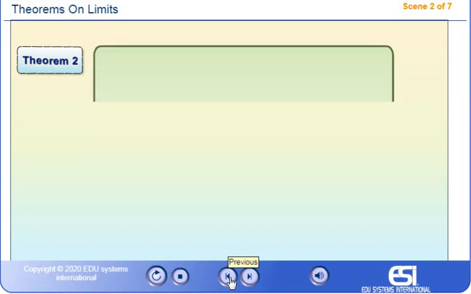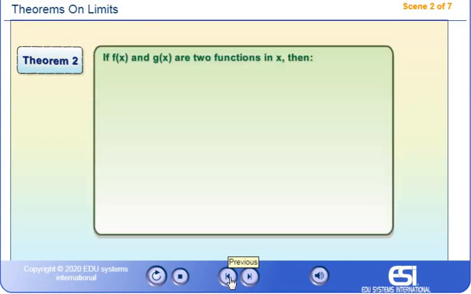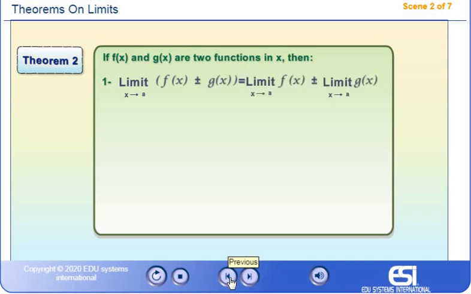Theorem 2. If f of x and g of x are two functions in x, then 1. Limit f of x plus or minus g of x as x tends to a equals limit f of x as x tends to a plus or minus limit g of x as x tends to a. 2.